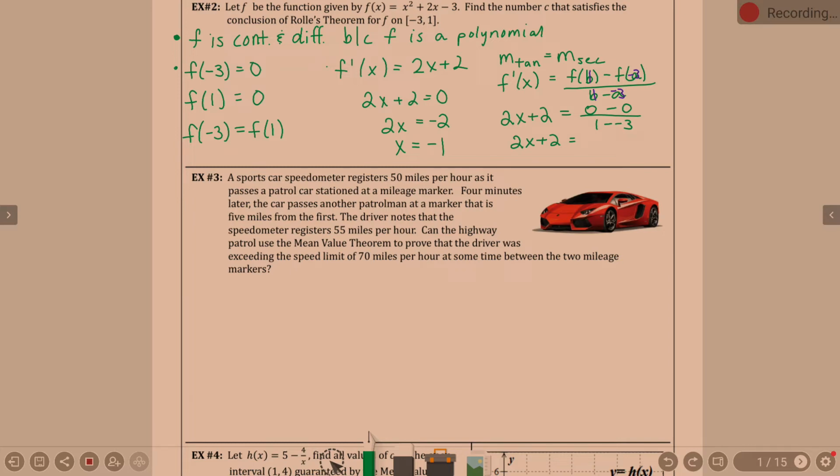Zero minus 0 over anything is going to be 0. So then we end up with that x equals negative 1, and this is our c value.